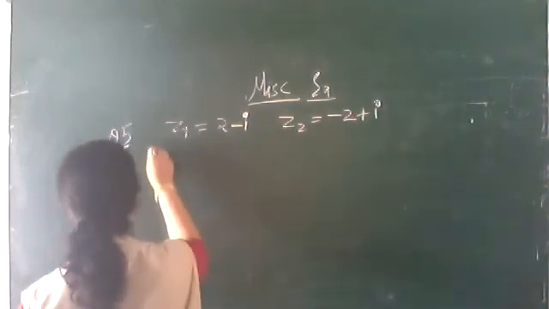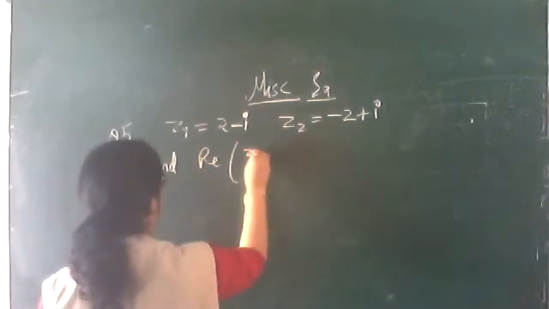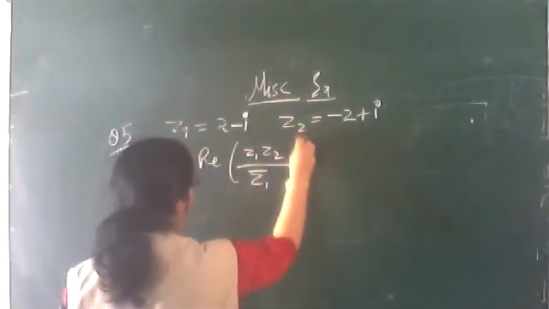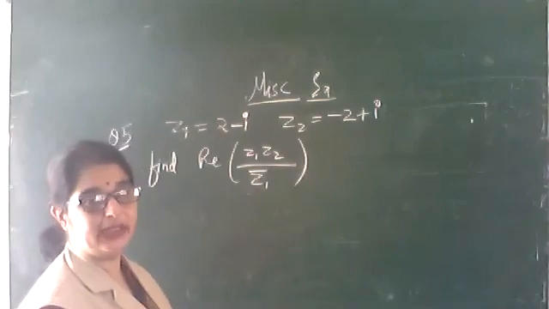Now they are asking to find the real part of Z1 Z2 upon Z1 conjugate, the real part of it.